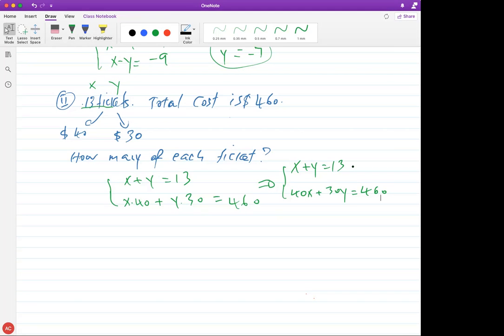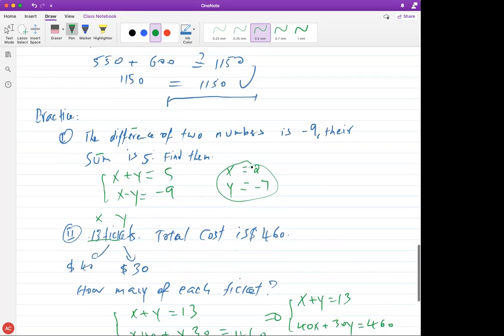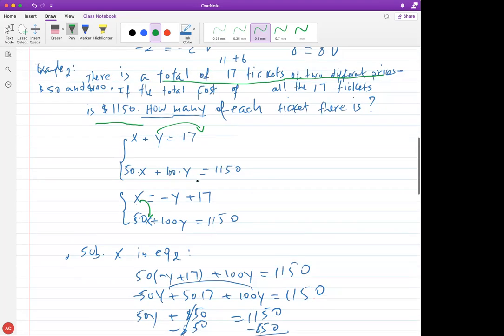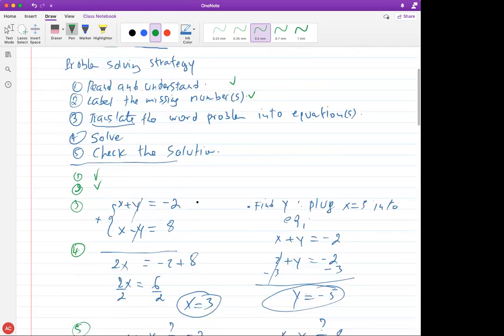The solutions should be: x, the number of tickets that cost 40, is 7. And the number of the other tickets, y, that cost 30 is 6. You can easily check this again. As you can see, 7 plus 6 is 13. Again, following the exact same steps as here. We're just changing basically numbers, but the problems are pretty much the same.